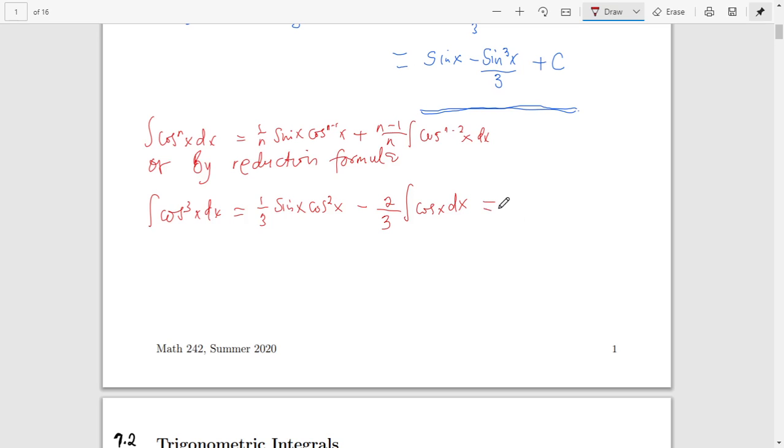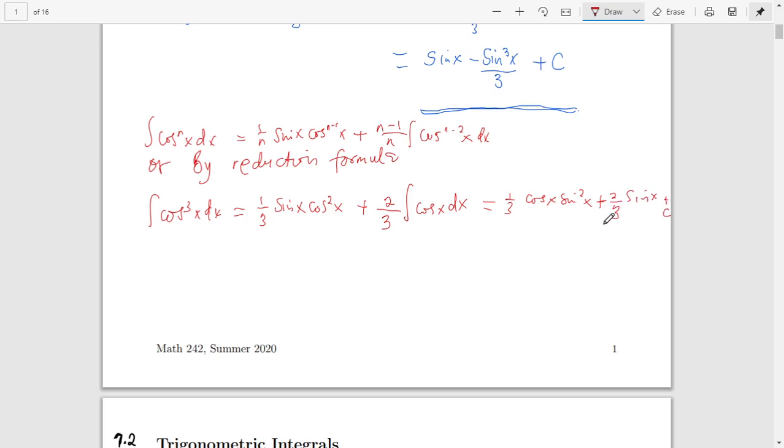That would be equal to 1/3 sine x cosine squared x, plus 2 over 3. If we integrate cosine of x, we just get sine x plus c.